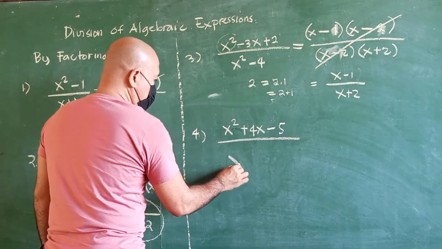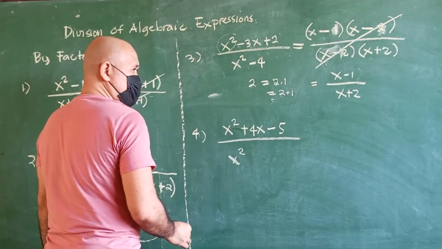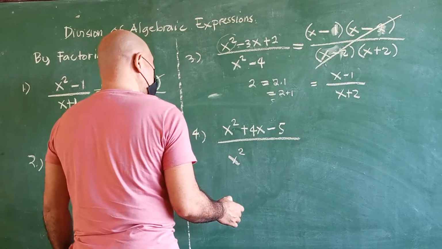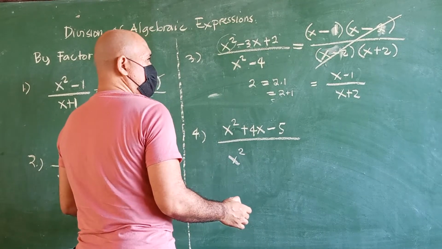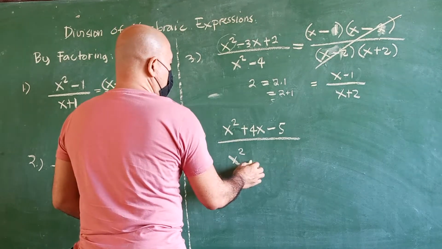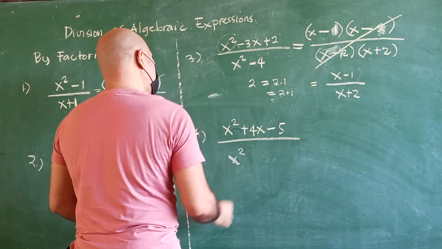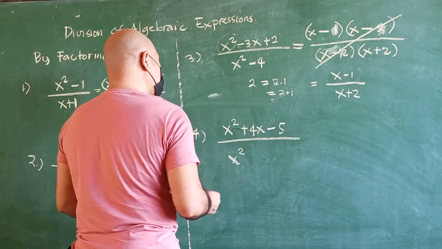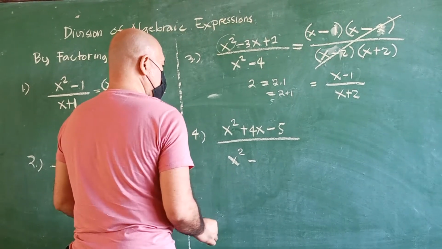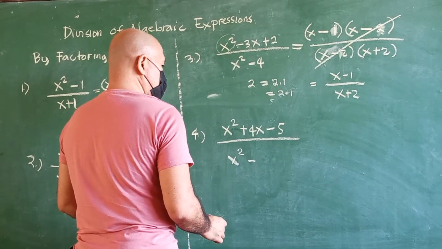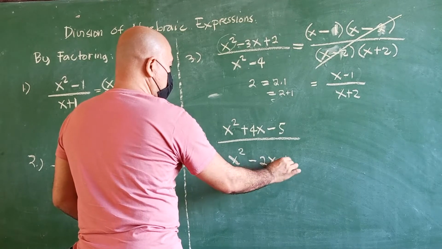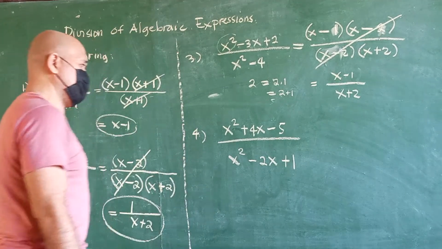And you will have x squared minus 2x plus 1, for example.